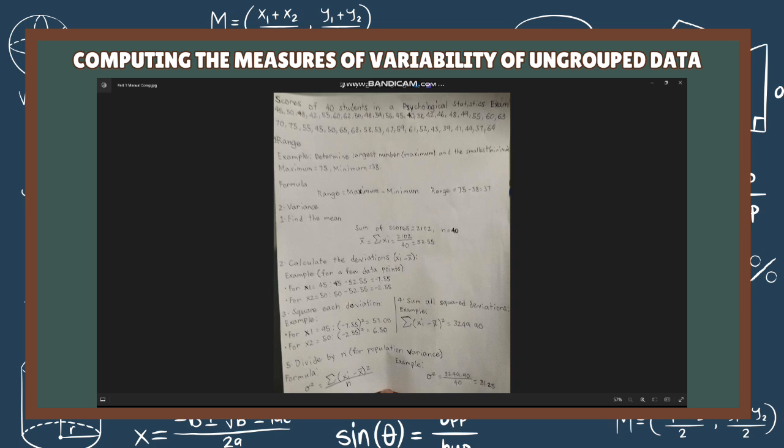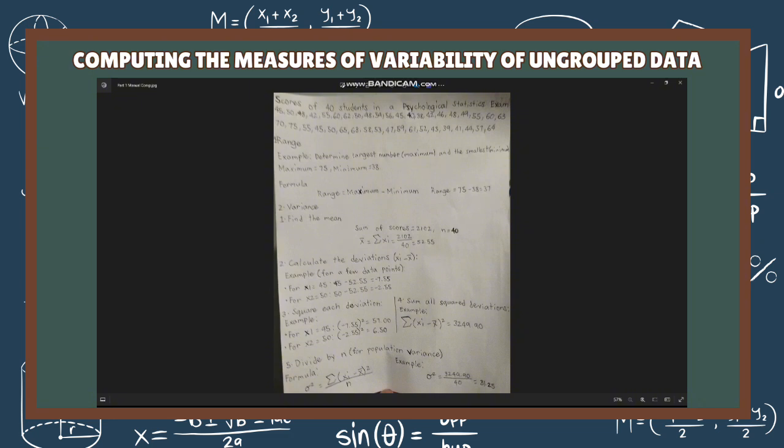So we move to our step 4, sum all the square deviations. Add up all the square deviations to get the total square deviation. So our example is shown there. So you guys will know what to do and how it will become after doing it. Step 5, divide by n for population variance. This gives the average square deviation, which is the variance.